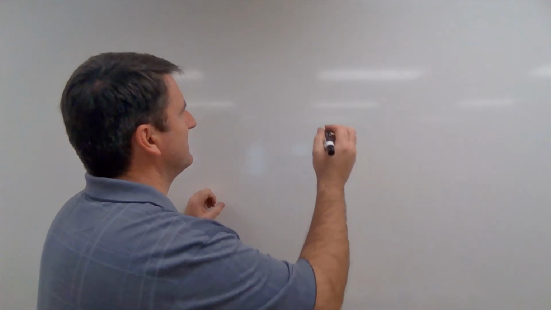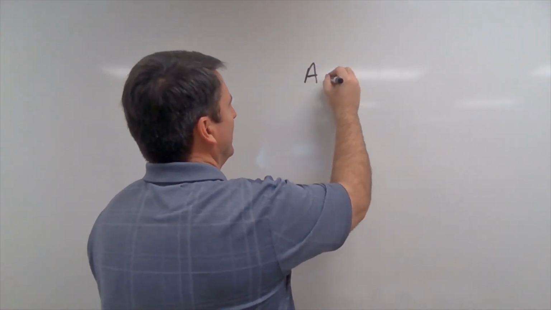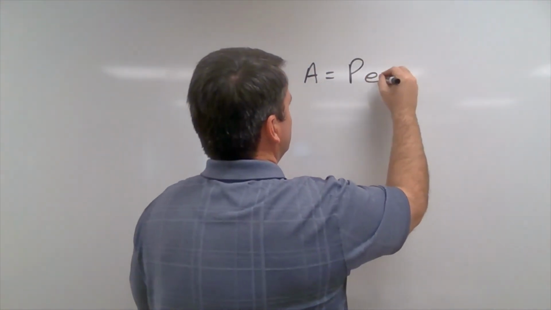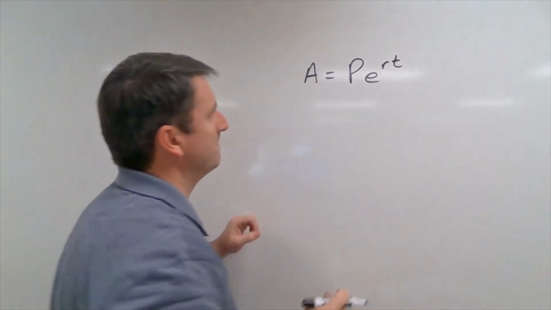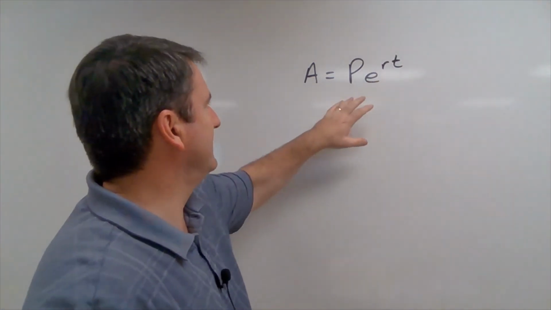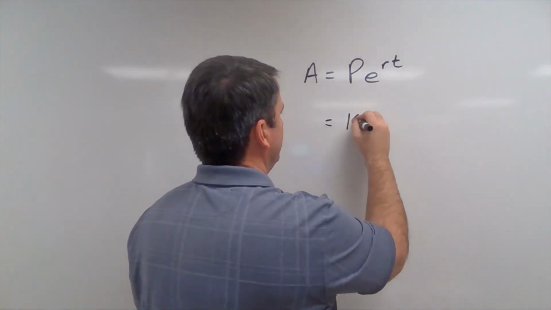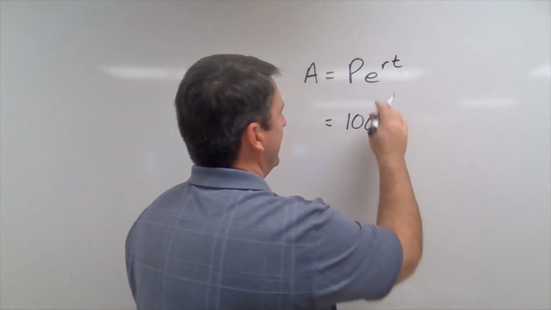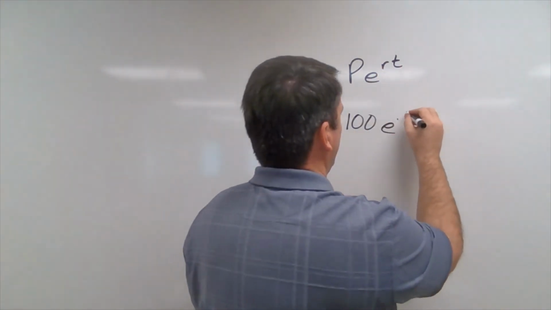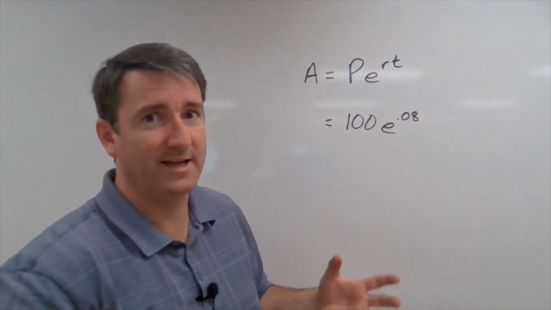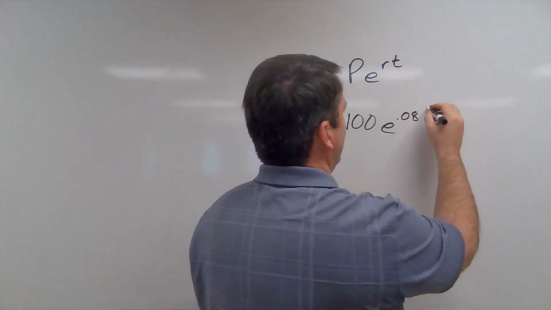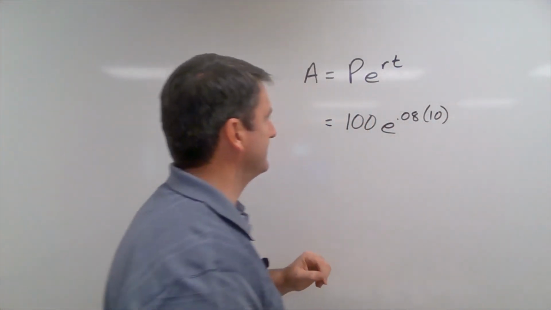Now, it says that the account has continuous compounding, so it's continuously compounded interest. So that's going to be our formula, A equals P times e to the rt. And the principal is $100, and the rate is 0.08, that's 8% as a decimal, and time is 10 years.